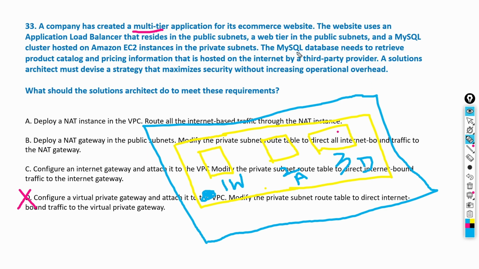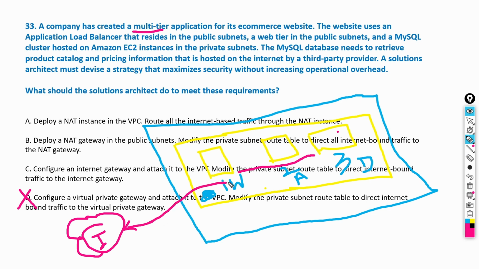Now MySQL needs to retrieve product catalogs and pricing information that is hosted on the internet. Let's suppose the internet is located outside the VPC. From here we need to go to the internet and download the catalogs or pricing information.